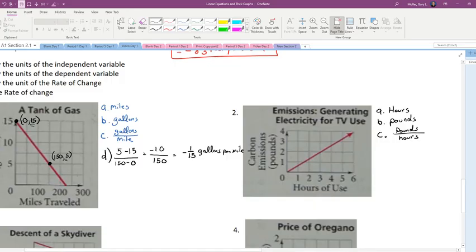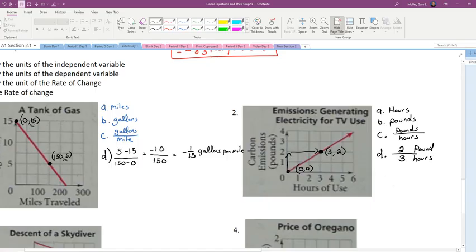So now I just need some data points. I'm looking at this point right here, which is a pretty good one. It looks like 3 hours and 2 pounds. And this one looks like probably 0, 0. So my vertical change, I went up 2 units and I went over 3 units. So 2 pounds every 3 hours.